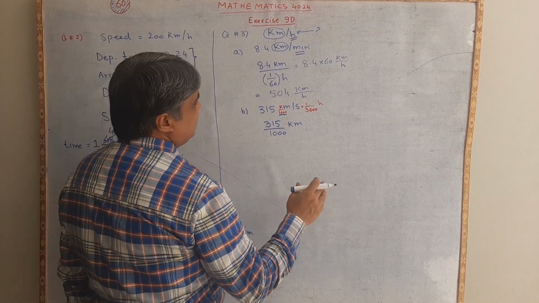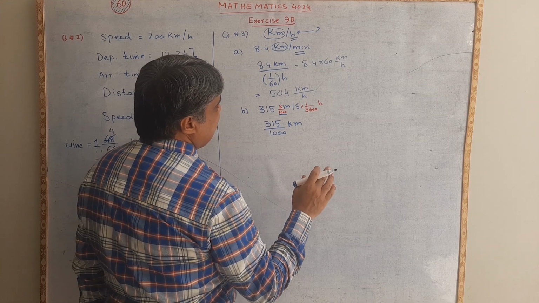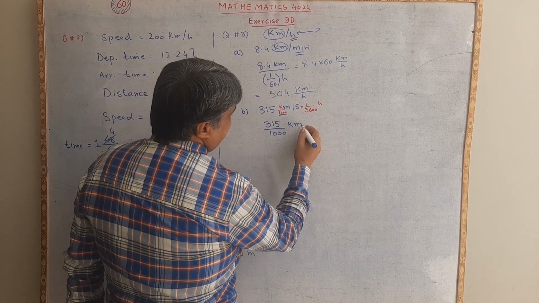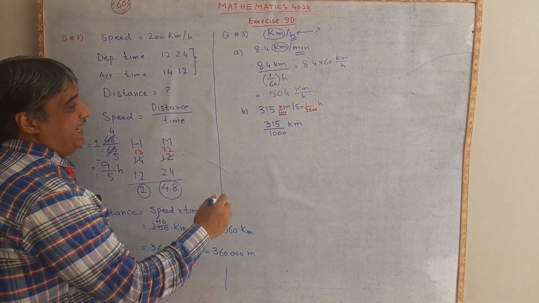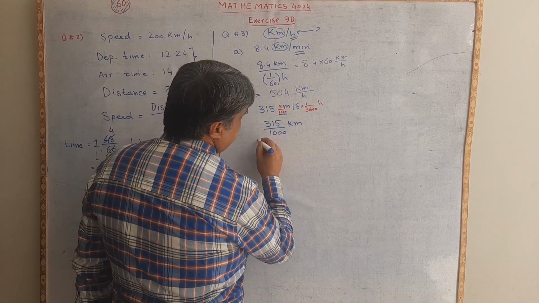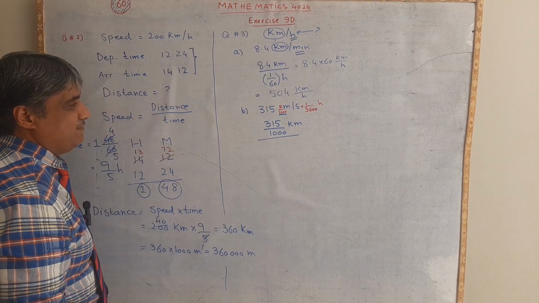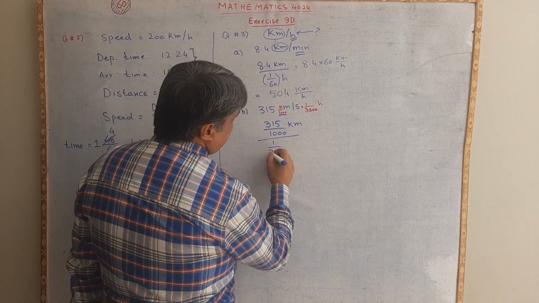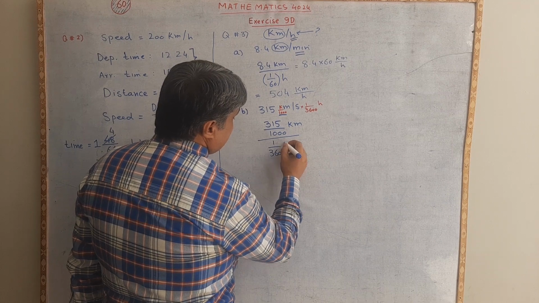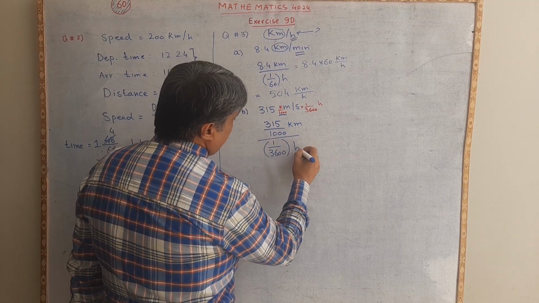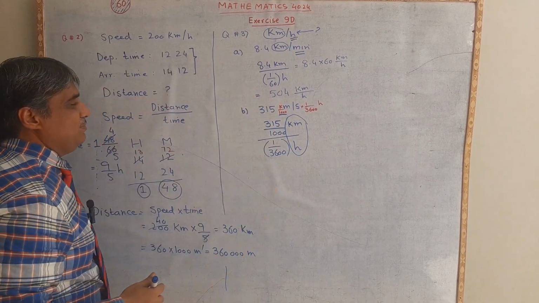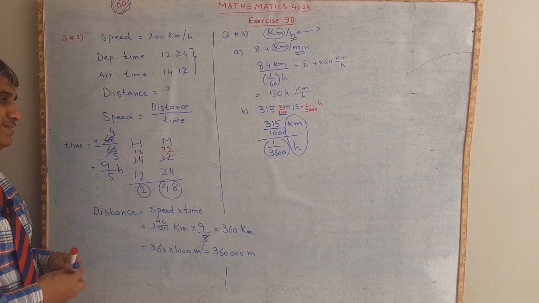We have to do the mathematical legitimate treatment. So this is this one, and this per I am writing this one, and then 1 over 3600, and that will be hour. So we are getting kilometer per hour.